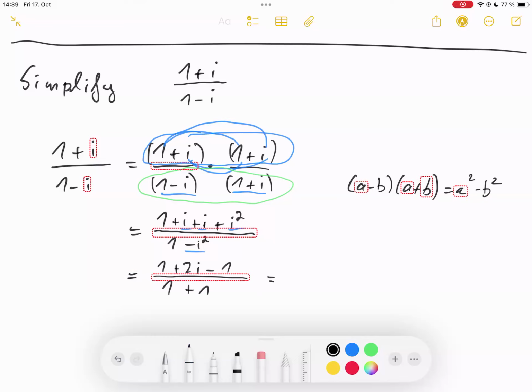So we can see that finally this minus 1 and this 1 disappear. So it's 2i divided by 2, which is just i. So it turns out that this could be severely simplified. Do you all feel okay with this division? Maybe just let us know with thumbs up, thumbs down, if this looks reasonable to you.